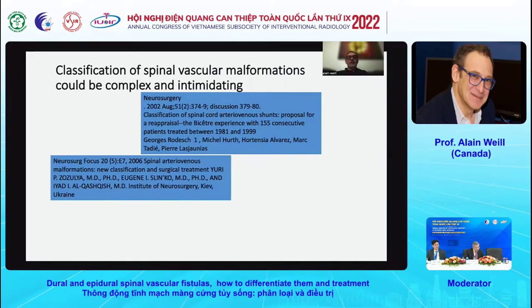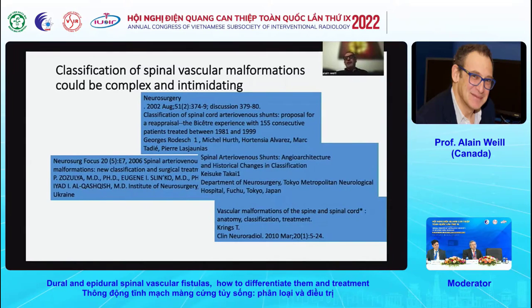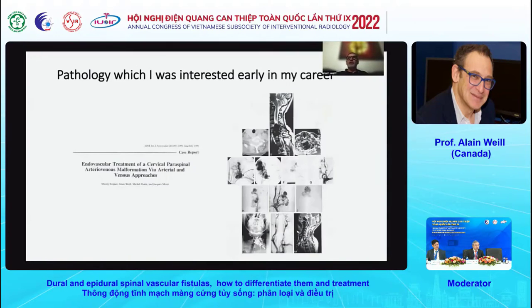Then you can find some other papers a little bit later, interestingly enough from Ukraine here in 2006, and here in 2010 from Timo Krings, my colleague from Toronto, and from Japan, and also from here, I think it's United States. But anyway, those are quite complex and intimidating, and eventually are useful, but I think we have to simplify all this.